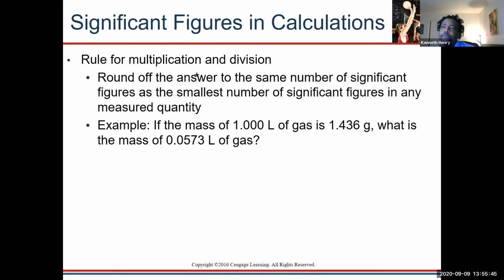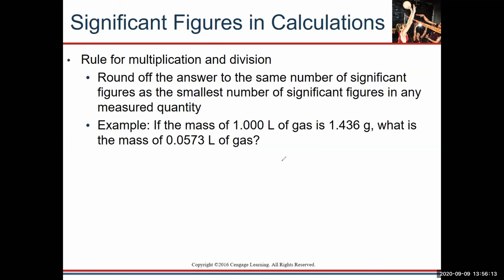I want you to think about it. It says, if the mass of 1.000 liters of gas is 1.436 grams, is that an equivalency? Mm-hmm. So would I start with my equivalency, or would I start with what's given to me?